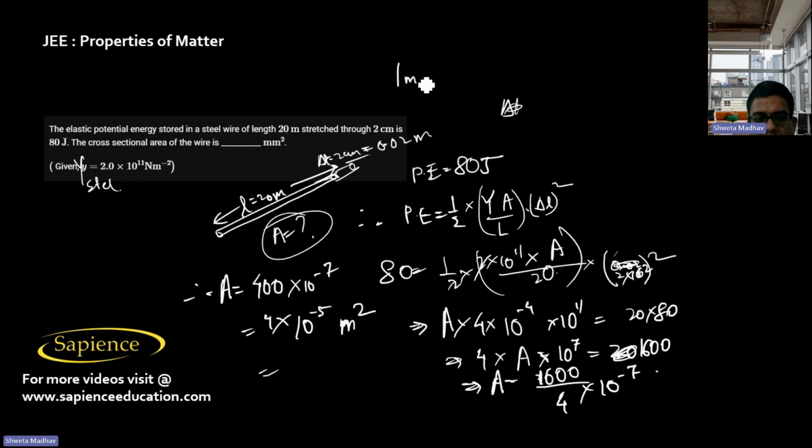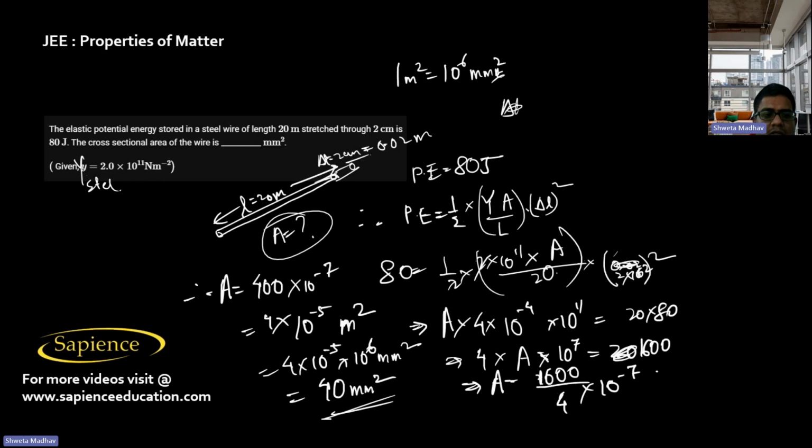So 1 meter square, I can say 10 power 6 millimeter square. So it means 4 into 10 power minus 5 into 10 power 6 millimeter square. So this will be 40 millimeter square. So 40 millimeter square is the required cross-sectional area of the wire.